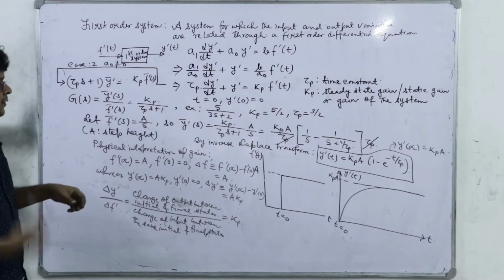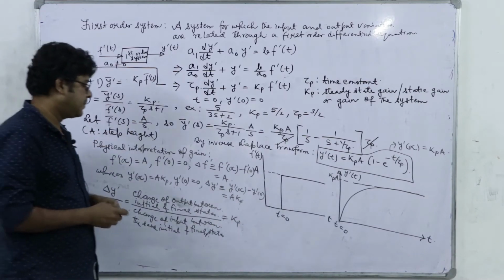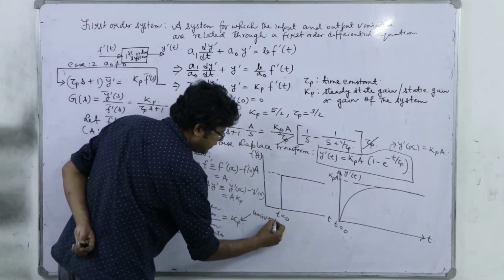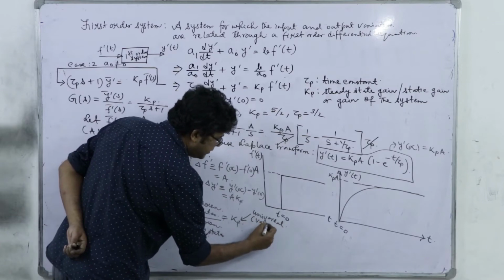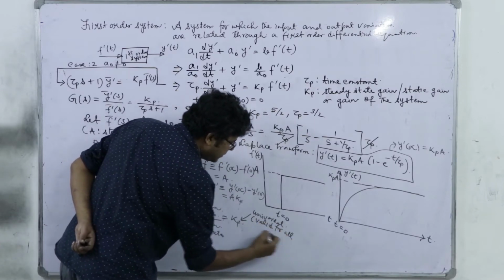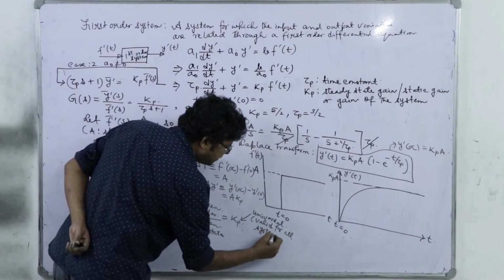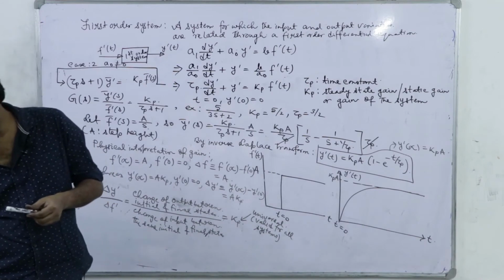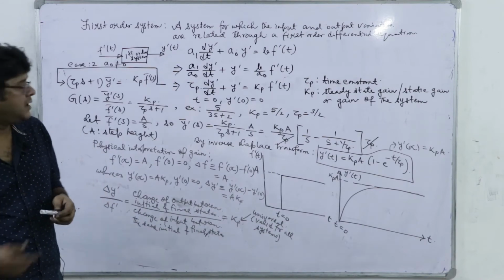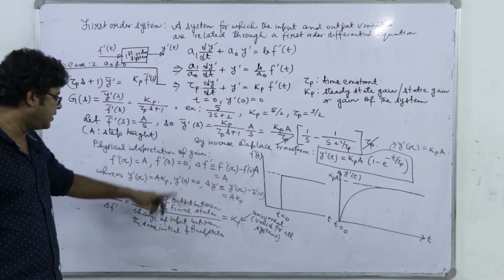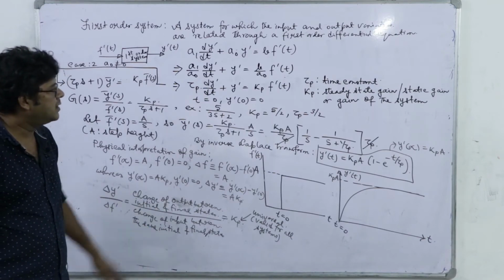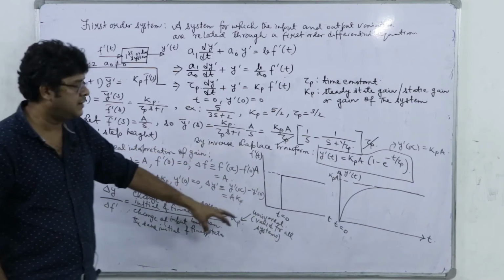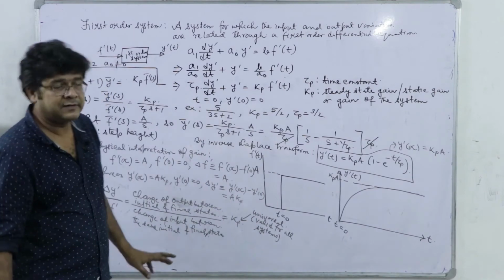Okay. So this definition of gain is universal, that is valid for all systems. It's not only specific for first order systems. The same definition, the change of output between initial and final state divided by the change of input between the same initial and final state, that is gain, and this is true for all systems.